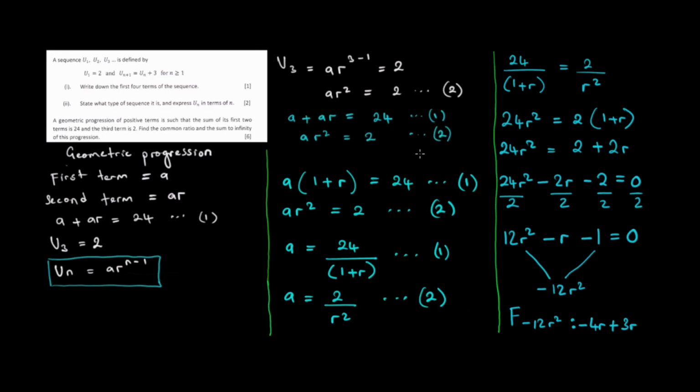So if we want the sum to infinity, it is not a problem, because we know originally that there is a sum to infinity for a GP, which, philosophically speaking, we don't have for an arithmetic progression.